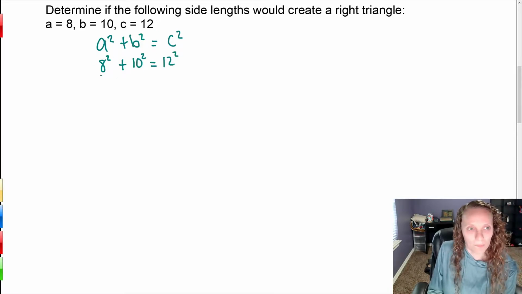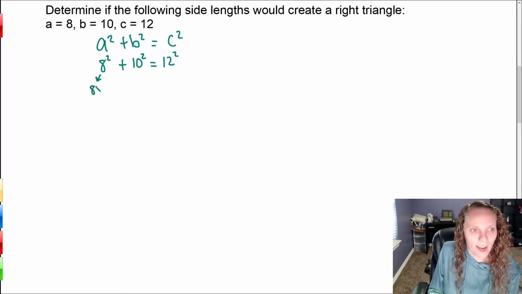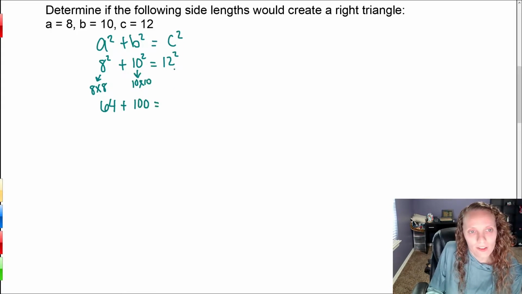Remember, to square a number, we would take that number 8 and multiply it by itself. 8 times 8 is 64. Then we would do 10 times 10, which is 100. And 12 times 12 would give us 144.